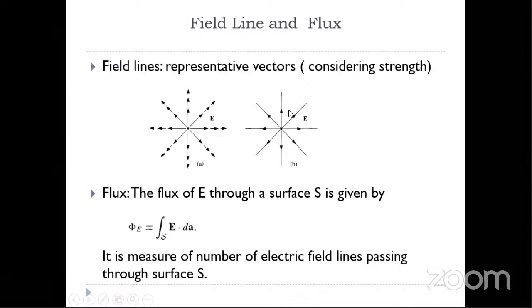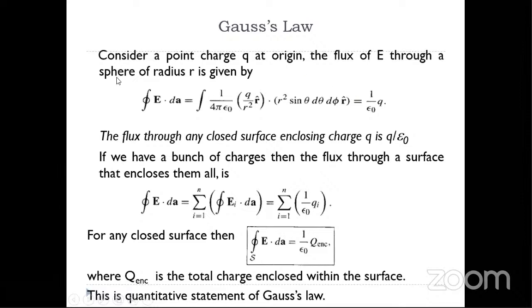Through this spherical surface the lines are coming out, and the total number of lines coming out is called flux. So we are imagining a closed spherical surface of radius R, and this flux is obtained as a surface integral.